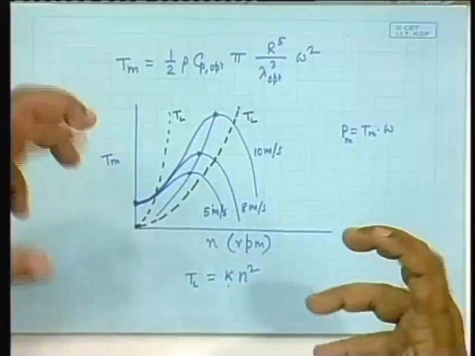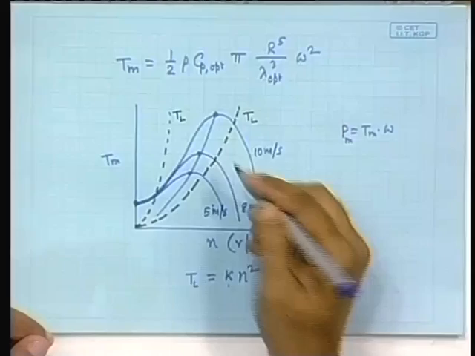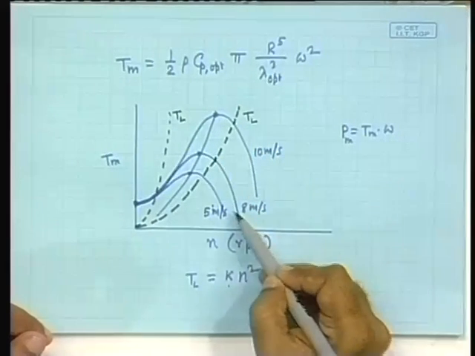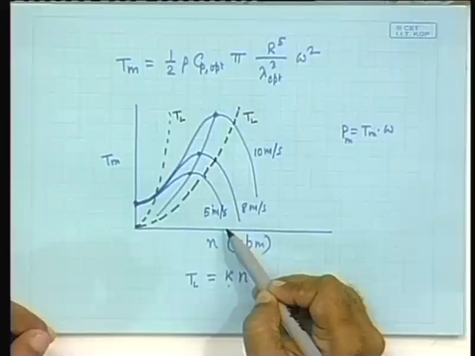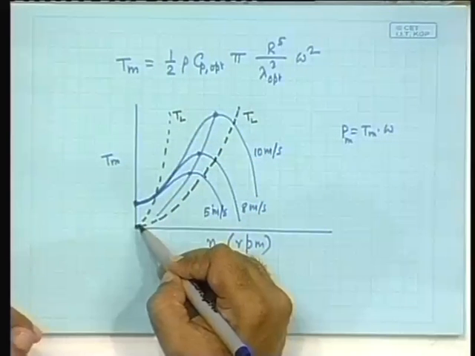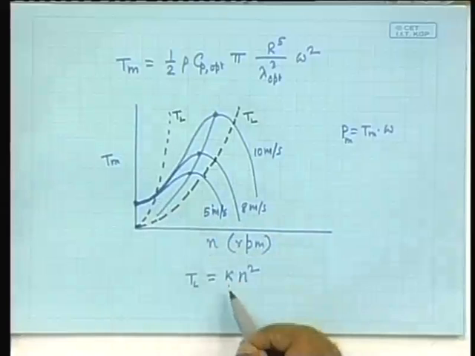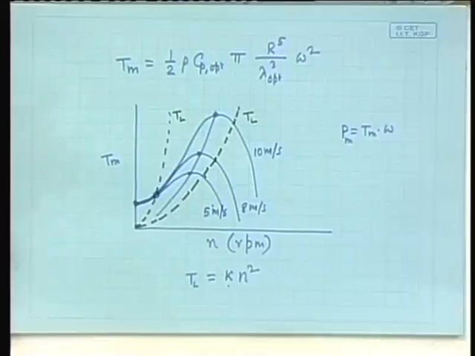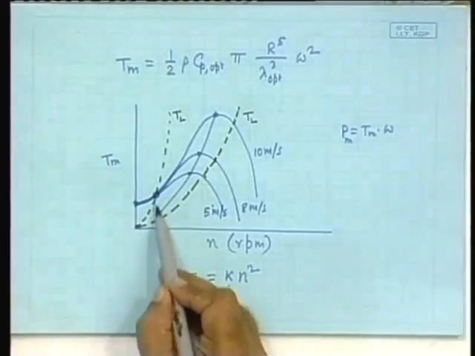It will always operate where the load torque equals the generated torque. So, normally the operating point would be here at this wind speed, here at this wind speed, here at that wind speed. But if you have a high value of k, so the characteristic like this, what will happen? It will operate here, which means the wind turbine will not speed up at all.